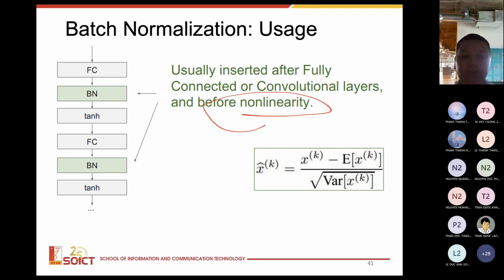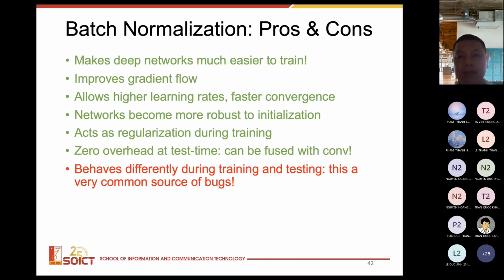For example, you have the fully connected layer, then the batch normalization, then the activation function, and then the fully connected layer, batch normalization, and activation function again, right? Because some activation functions will not work well with non-zero-centered input.